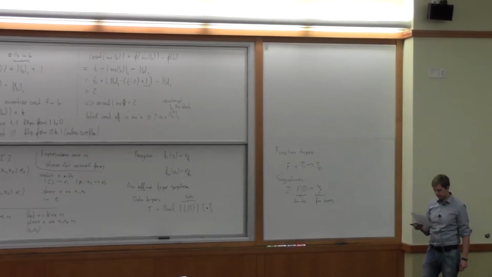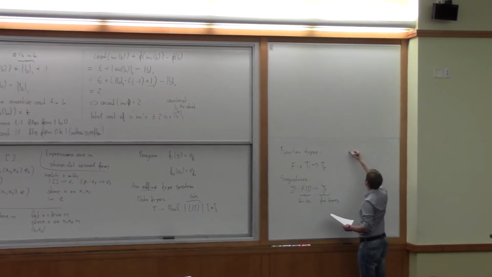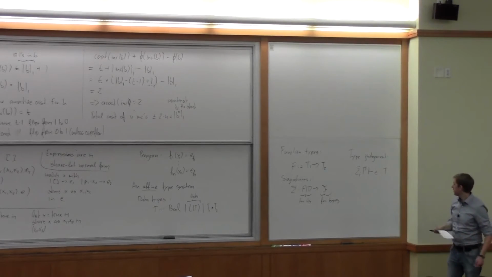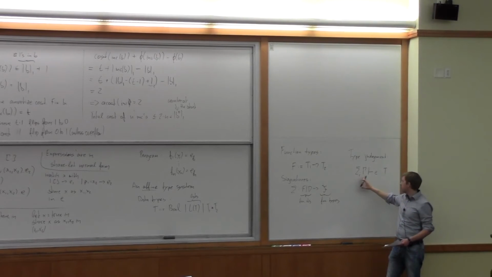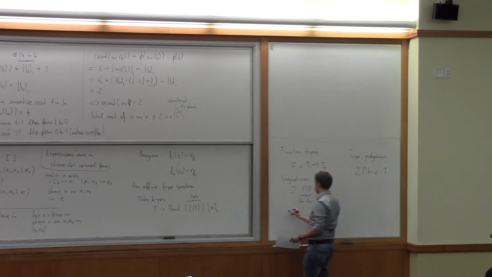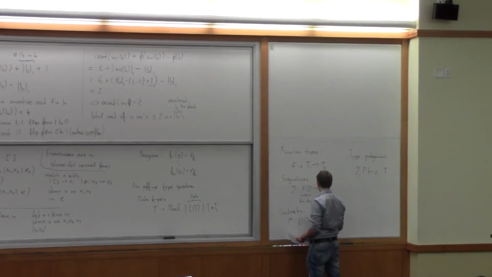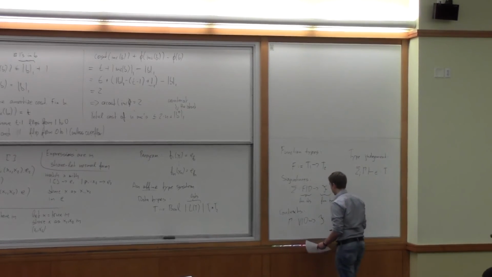And a type judgment has the form sigma, gamma, expression E as type T. That says, given the function signature sigma in the context gamma, the expression E has type T. So the context gamma, I didn't say that, maps variable IDs to data types.